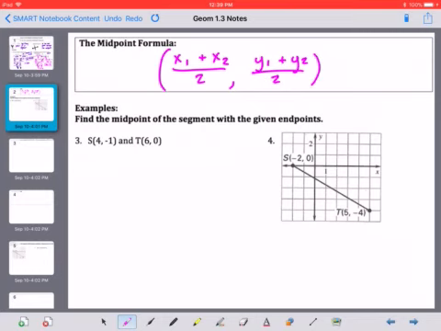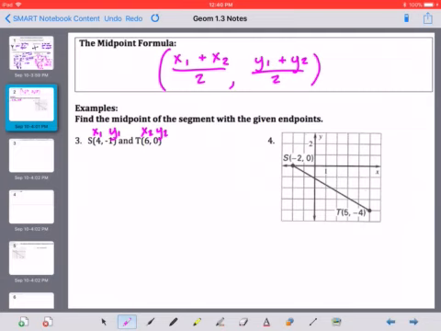The midpoint is kind of like the average of the two endpoints, you can think of it as. When you see these x1s and x2s and y1s and y2s, the x1 and y1 are just your first x and y value. And likewise, the x2 and y2 are your second x and y value.